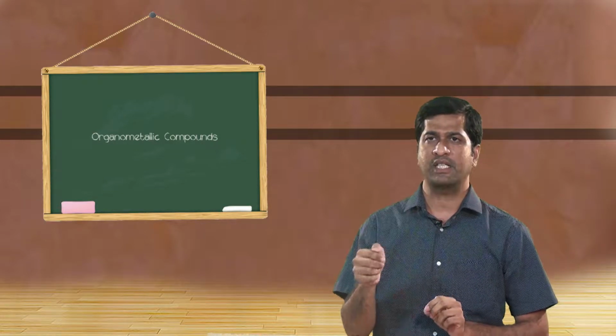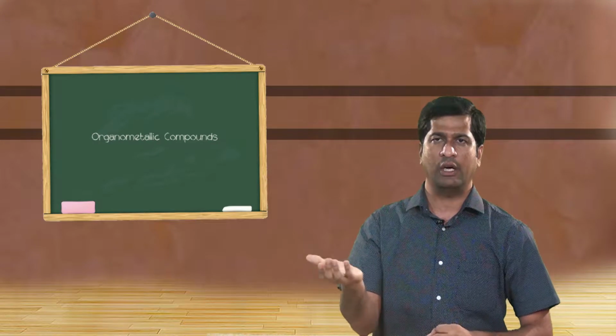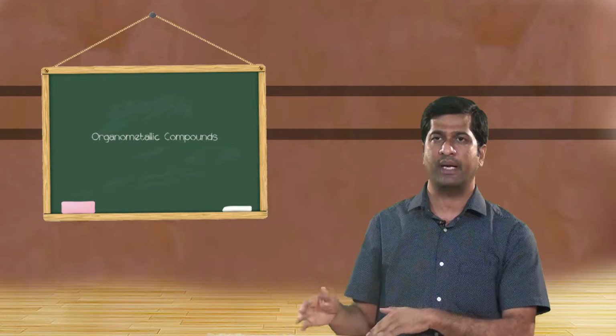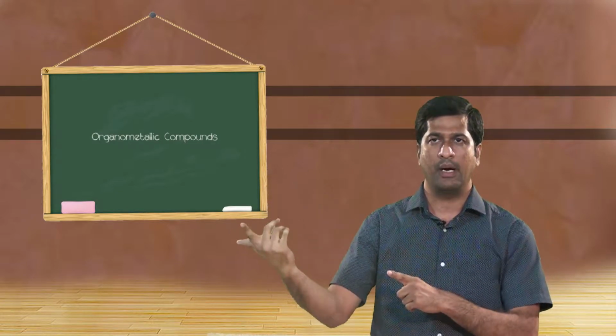In alkene complexes, first the olefin forms a complex with the metal center through donation of pi electrons. Then the electron density around the metal center increases, and later those excess electrons move towards the alkene moiety. Those electrons do not go to a bonding orbital; instead they go to the antibonding orbital of the olefin.